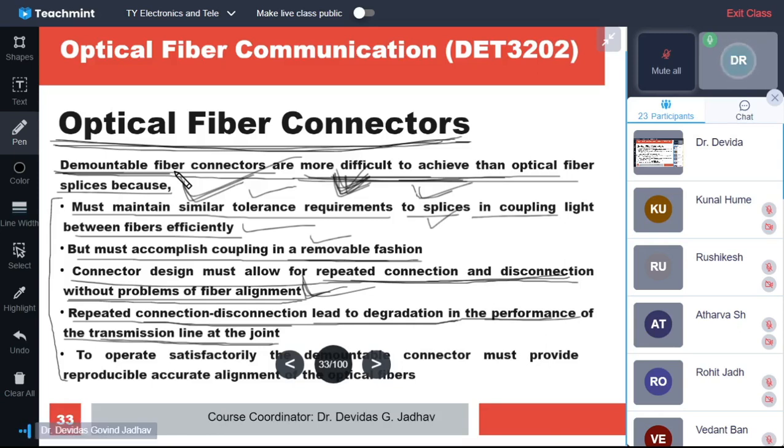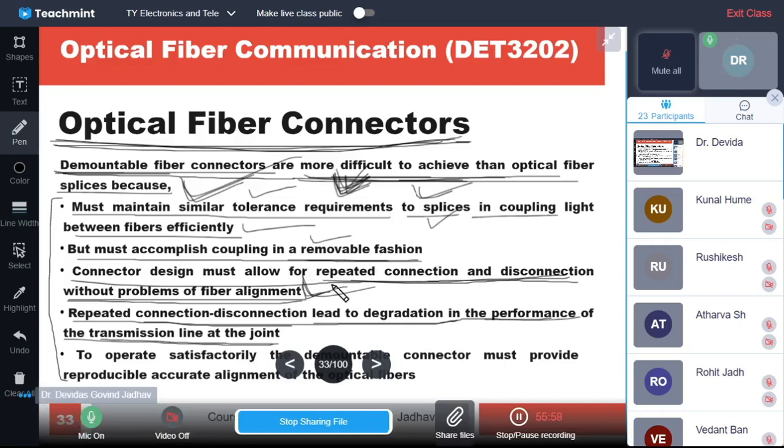To operate satisfactorily, the demountable connector must provide reproducible accurate alignment of the optical fiber. So these are the various criteria, conditions, situations, circumstances which are making the demountable fiber connectors more difficult to achieve than the optical fiber splices.